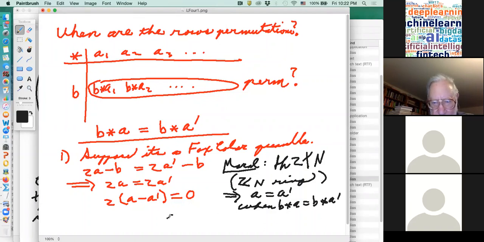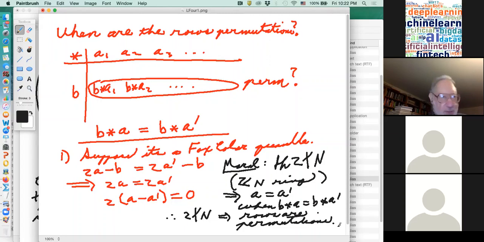And so therefore, when 2 does not divide n, then the rows are permutations. So that's a partial answer to the question. That tells us that if we were trying to figure out the multiplication table in mod n, you can do it by Sudoku. What about the columns?